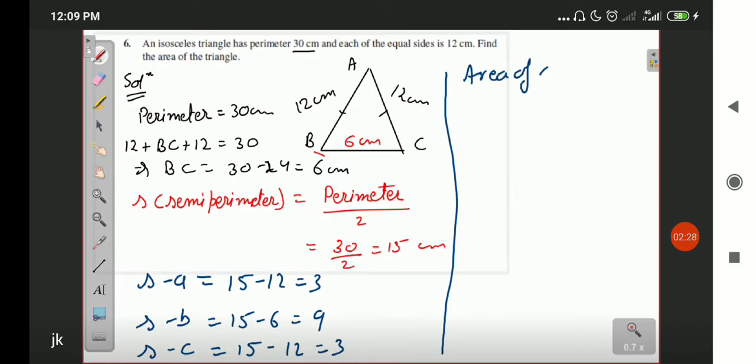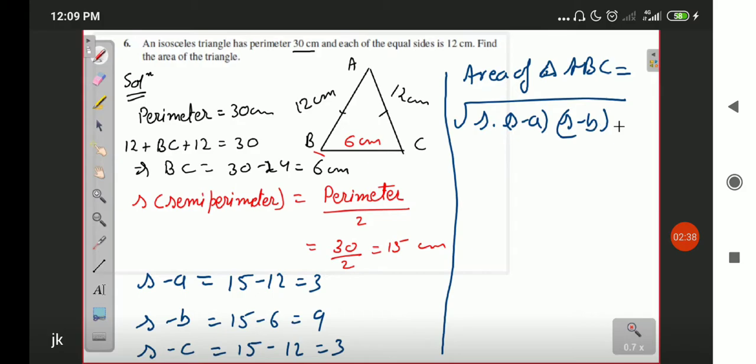Area of triangle ABC will be under root S into S minus A into S minus B into S minus C. Write this formula again and again so that you can learn it. Okay, value of S is 15 into 3 into 9 into 3.